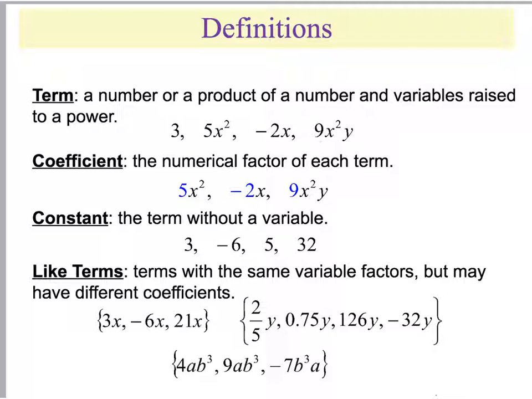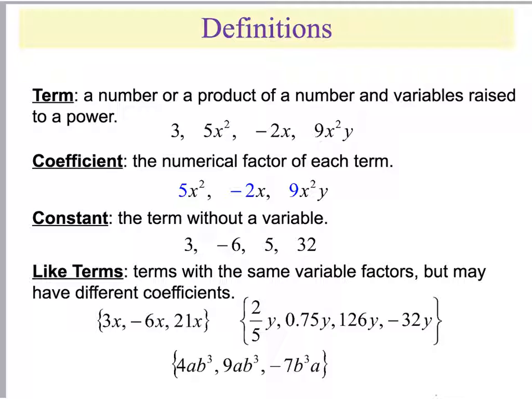And we see each of those, we have 3 groups. We have a 3x, negative 6, and a 21x. All of those are like terms because their variable is x. 2/5 y, 0.75y, 126y, and negative 32y are all like terms because they have the same variable of y. Looking down at the third group, we have 4ab cubed, 9ab cubed, and negative 7b cubed a.